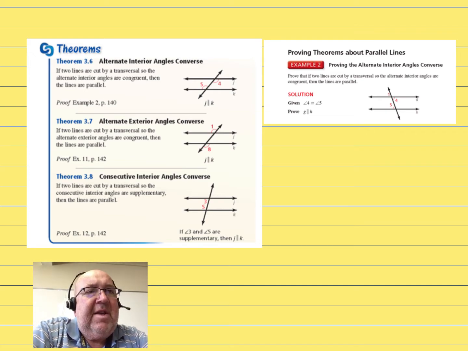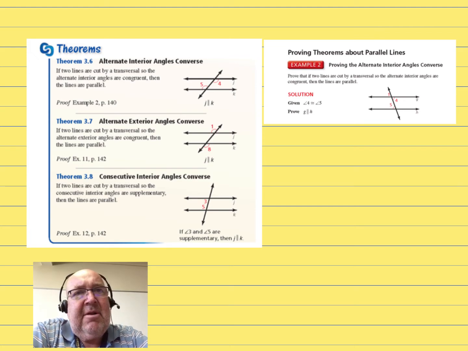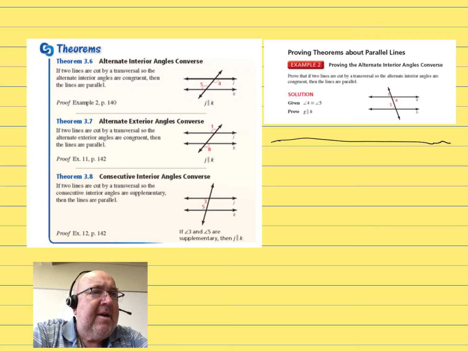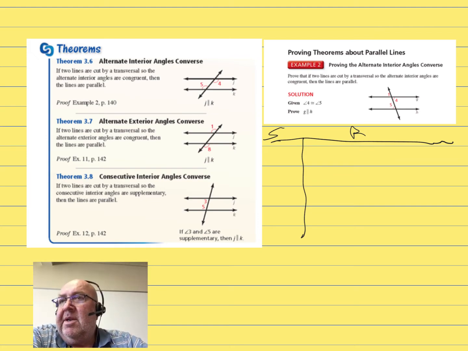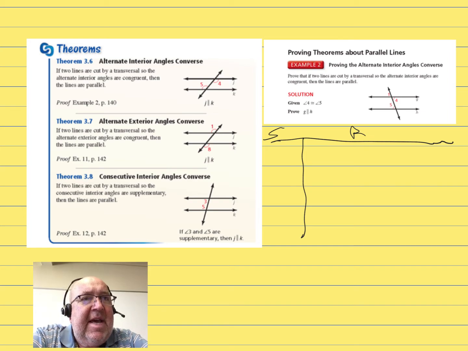We want to prove the alternate interior angles theorem. So again, statements and reasons. Okay, we know first off, it is given that angle 4 is congruent to angle 5.